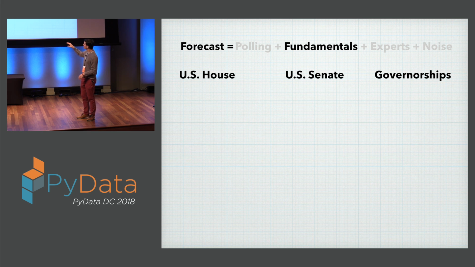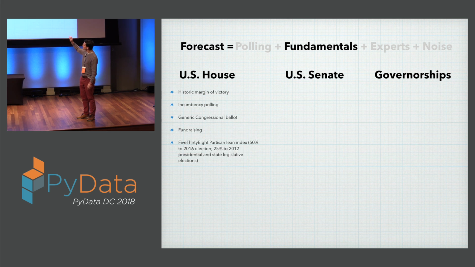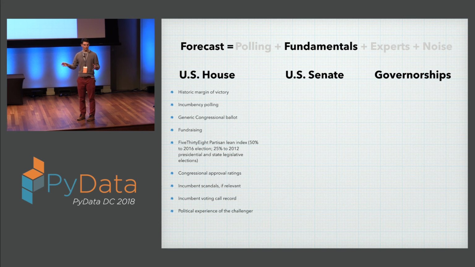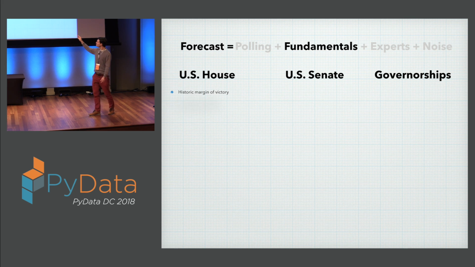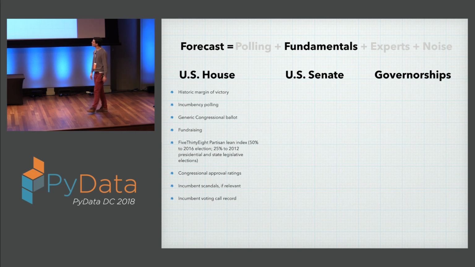It's 9 a.m. The things that the US House cares about, or factors, fundamentals: historic margin of victory, so polls, where do they fall, where do they trend, incumbency, polling, generic ballots, fundraising, 538's partisan lean index, where 50% is allocated to the 2016 election, 25% to the 2012 presidential election, and 25% to the state legislative elections, congressional approval ratings, incumbent scandals if relevant, incumbent voting call record, and political experience of the challenger. This order is non-arbitrary. This is the order that 538 states they care about in terms of the relative weights.